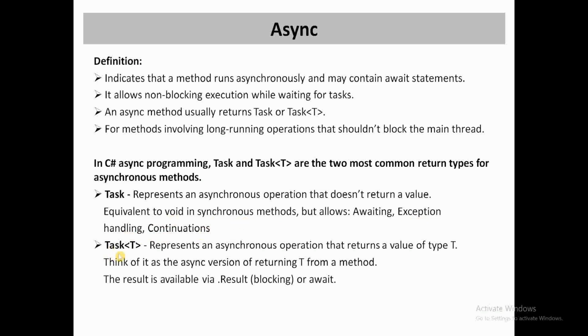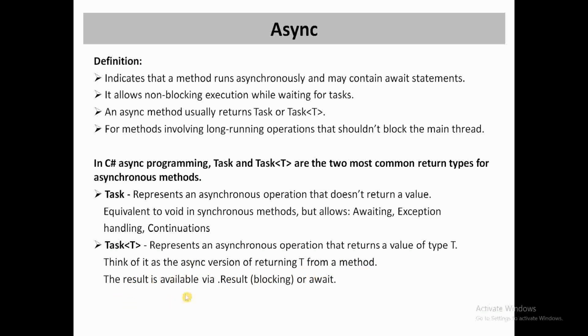Next, if we want to return some data through the asynchronous method, we have to go with Task<T>. It represents an asynchronous operation that returns a value of type T. We can send any type of value, like integer, string, or any list type. Think of it as the asynchronous version of returning T from a method.